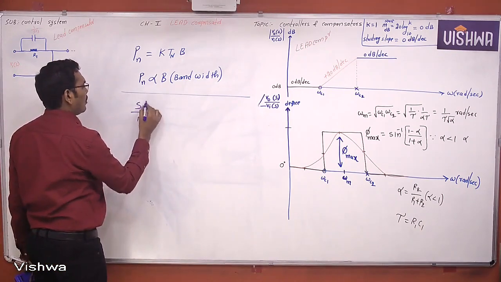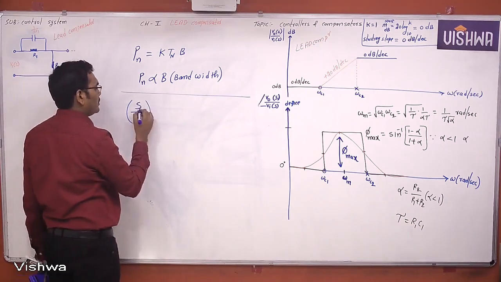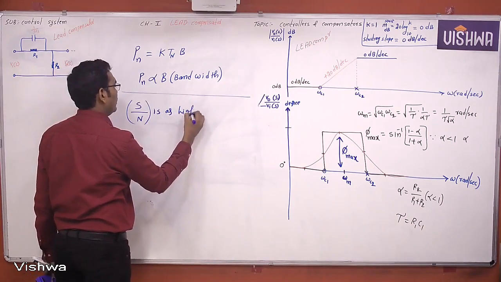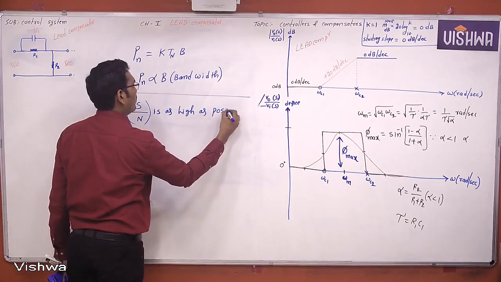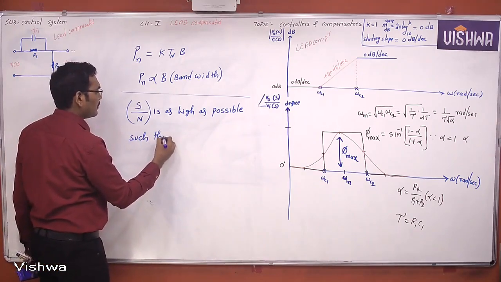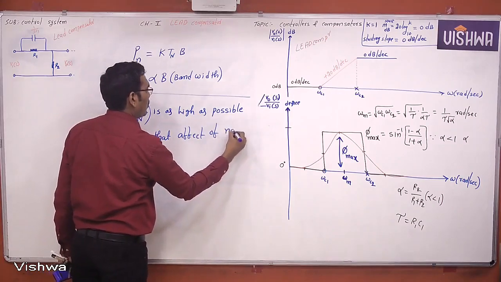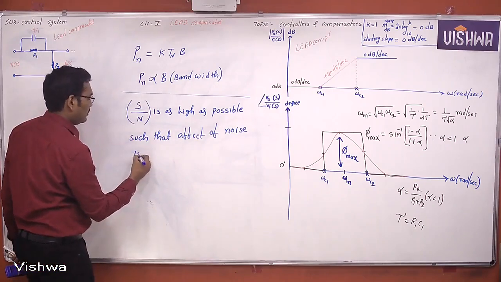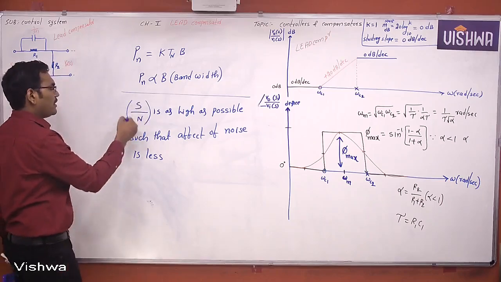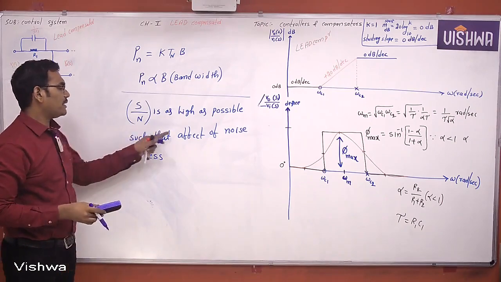Next, signal to noise ratio, signal power to the noise power. The signal to noise ratio should be as high as possible, such that the effect of noise is less. Is it right or not? If signal to noise ratio is very, very high, then the effect of noise is very, very less.